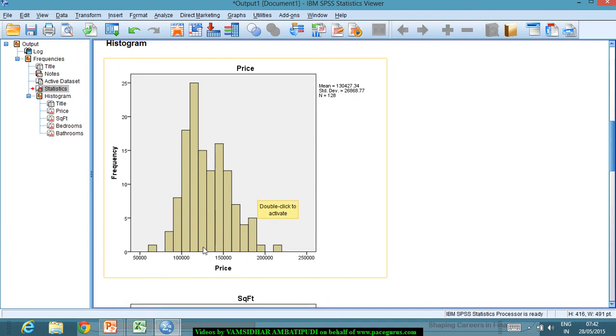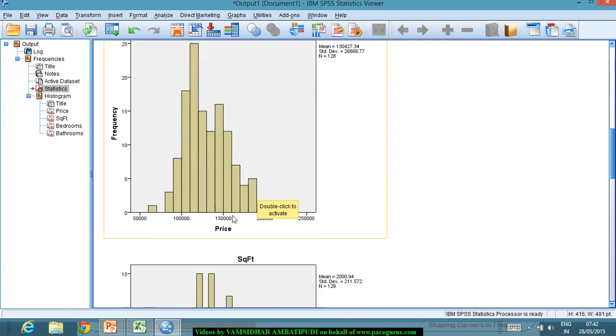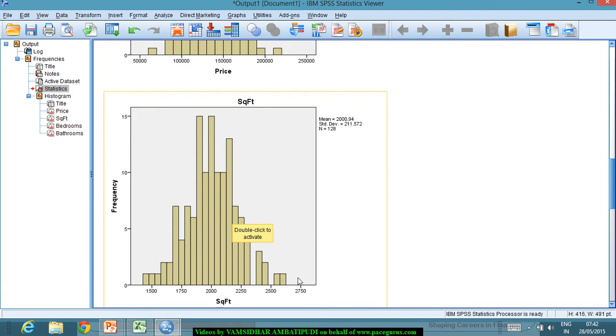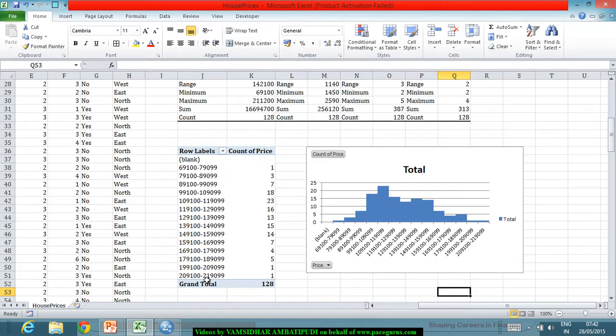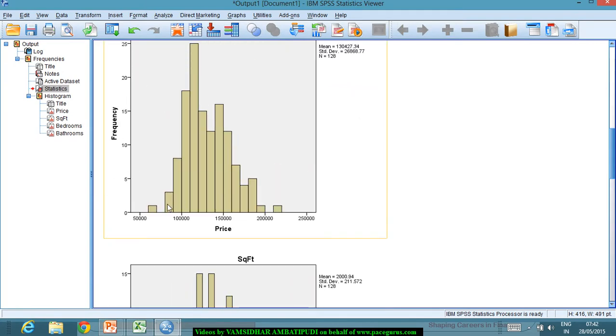Now this should be more symmetrical about the mean, but here I am not seeing any symmetric nature. Whereas here, if it is more and more symmetrical, I should see a smooth bell curve when I join all the tops. Here I am seeing big spikes.